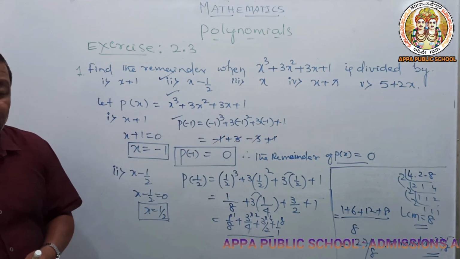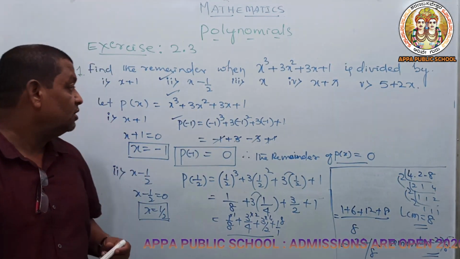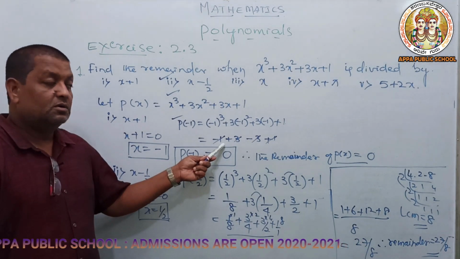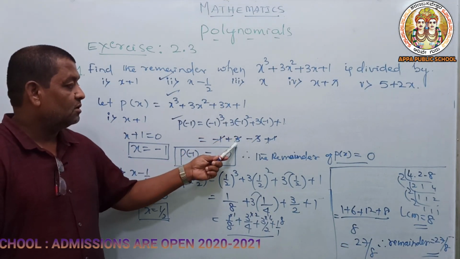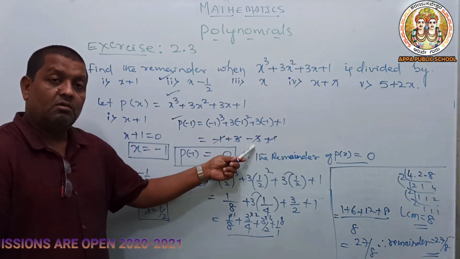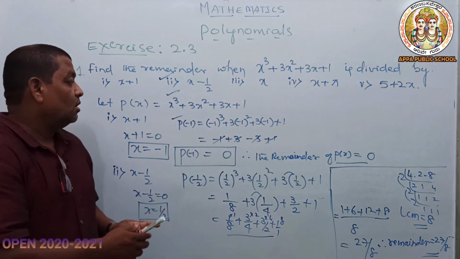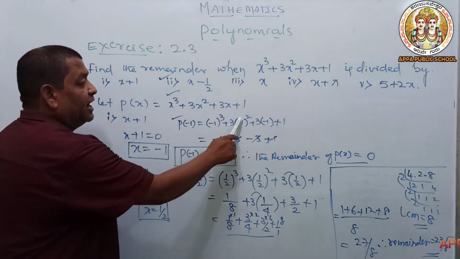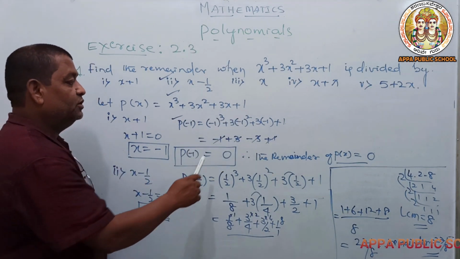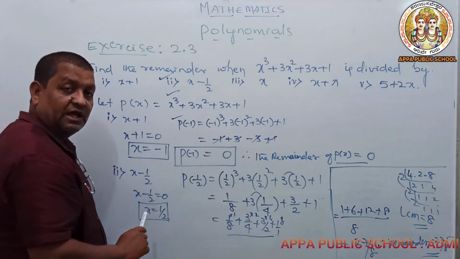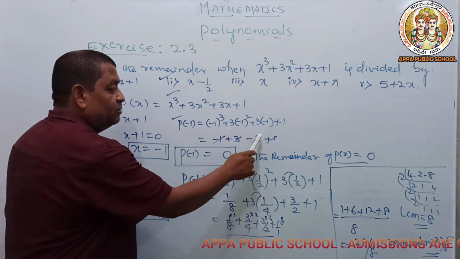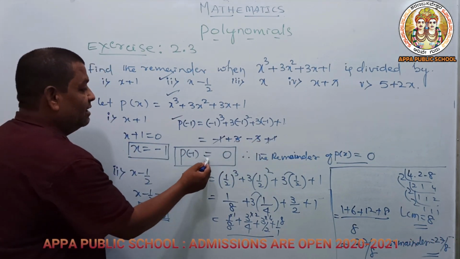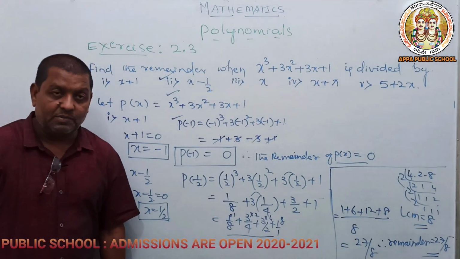After substitution, what next? We need to open the bracket. See, negative to the power of odd is negative, negative to the power of even is positive, positive into 3 is 3, plus into minus is minus, like that. Afterwards, cancellation, and finally our answer. That is our remainder.